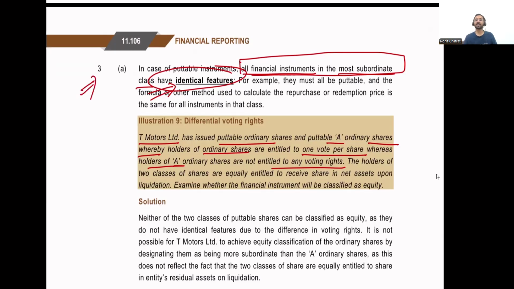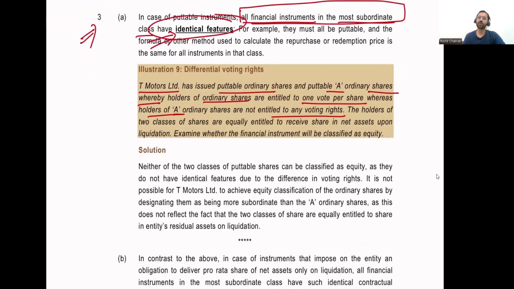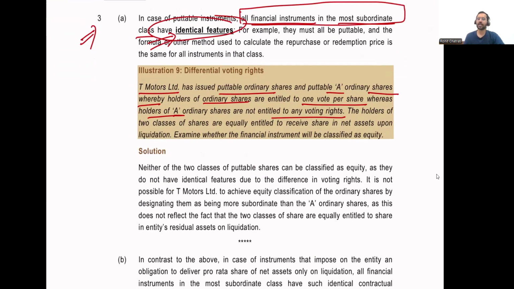Condition 3 is not satisfied. They do not have identical features because there are two different classes of subordinated financial instruments having different features, and hence both will be classified as a financial liability.